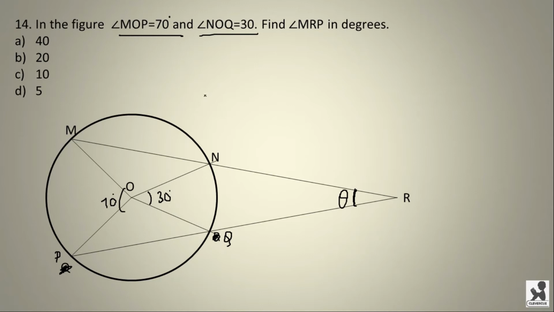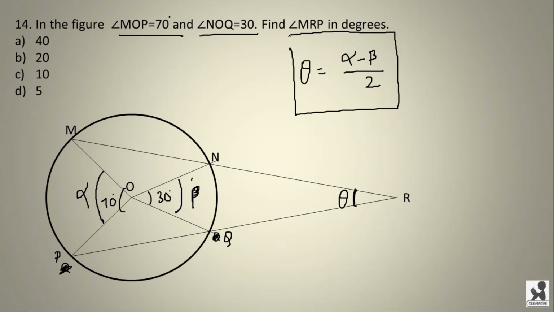Take this as theta. So here is another concept. If angle MOP is given as alpha and angle NOQ is given as beta, the value of theta will be equal to (alpha minus beta) by 2. So this is another formula.